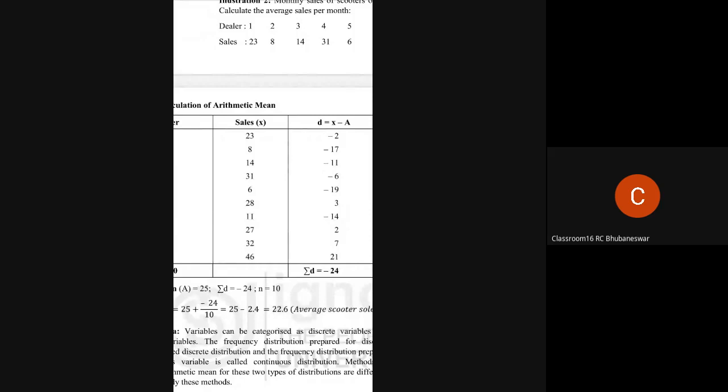Then 6 minus 25, 28 minus 25, 11 minus 25, 27 minus 25, then 32 minus 25, 46 minus 25. Okay, so all are there. After getting the results, there are minus results and plus results also.